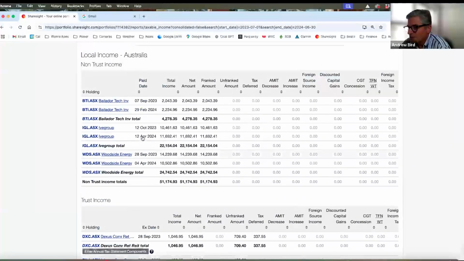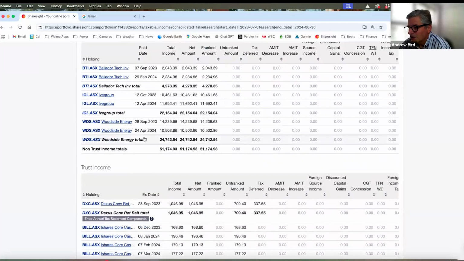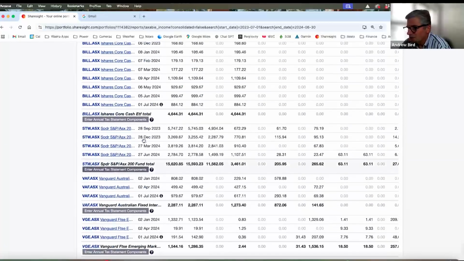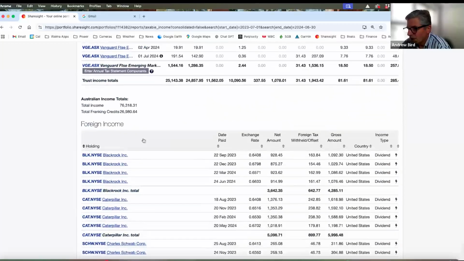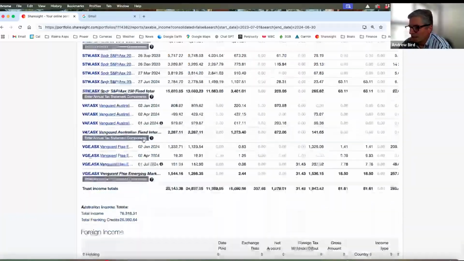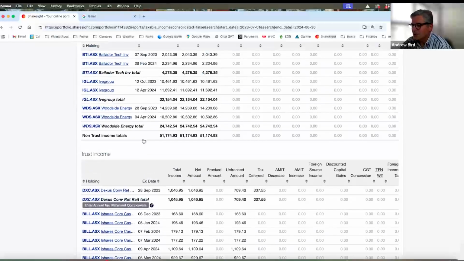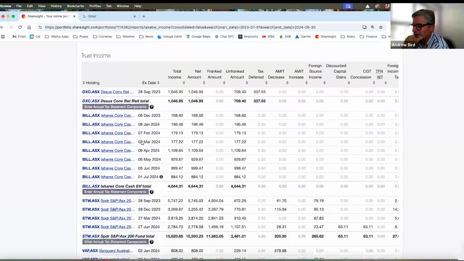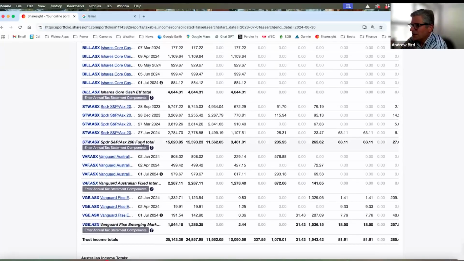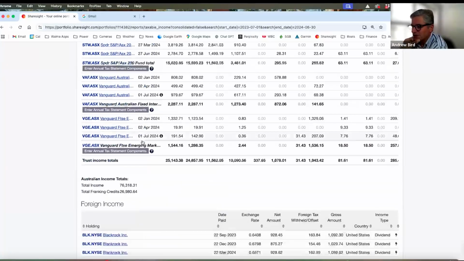So this breaks down your income, all your franking credits into non-trust, trust income, overseas, withholdings, etc. Now, this is somewhat duplicated by Class, which does similar things. So I don't necessarily rely on this report in my case for doing the tax return or whatever, but it does essentially represent the same information.